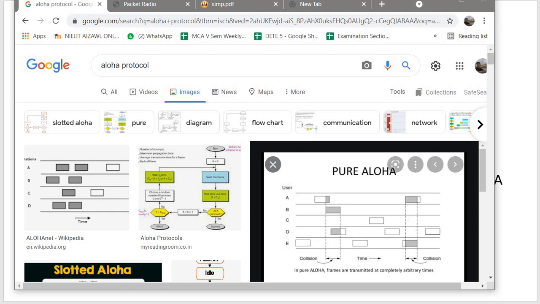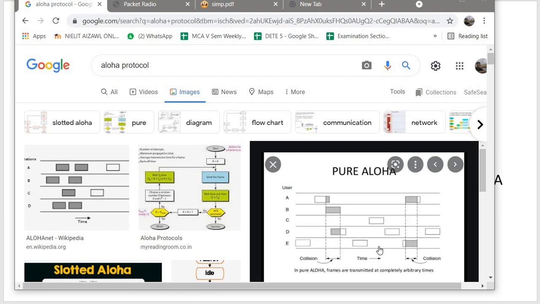All transmitting stations need to try resending later if there are collisions in the particular time slot. Here is overlap, here is some collision, here also overlap. All those transmitting stations will need to try resending later. This is the problem of pure Aloha.